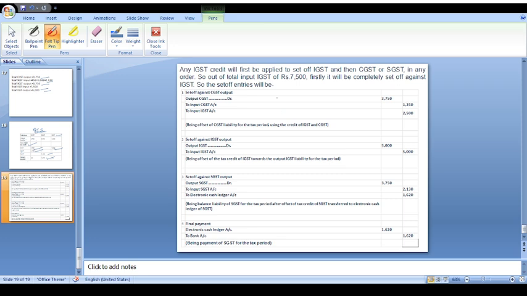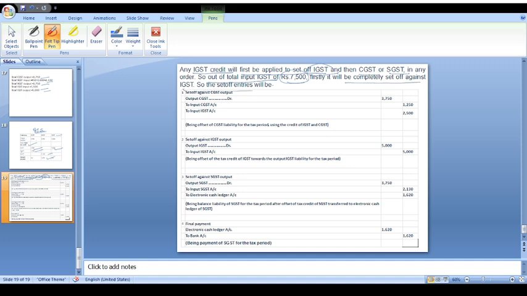Now, any IGST credit will first be applied to set off IGST. If you have any IGST credit, then you have to first of all set off the IGST, then CGST or SGST in any order. So out of total input IGST, that is 7,500, firstly it will be completely set off against the IGST.